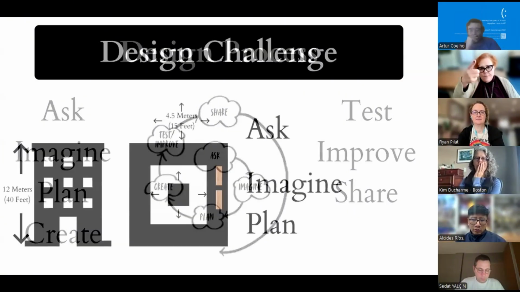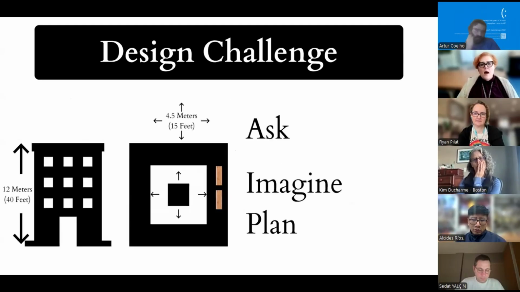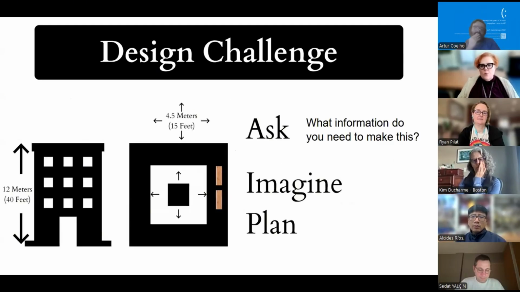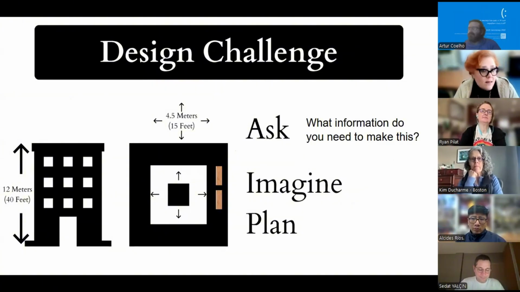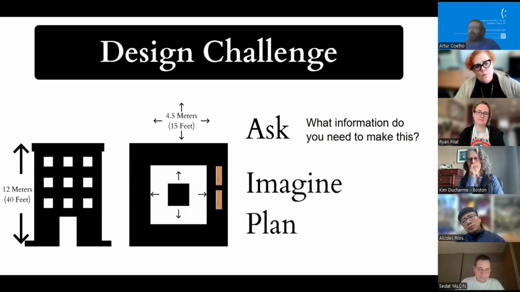So with that particular challenge, the first thing you're going to be asking is, what information do you need? I did not give you enough information to solve this intentionally, because again, I would want my students to be asking questions like, well, what materials do I have? Can I bring the stuff up the stairs? Can I bring a ladder? No, you can't. The stairs are too narrow.